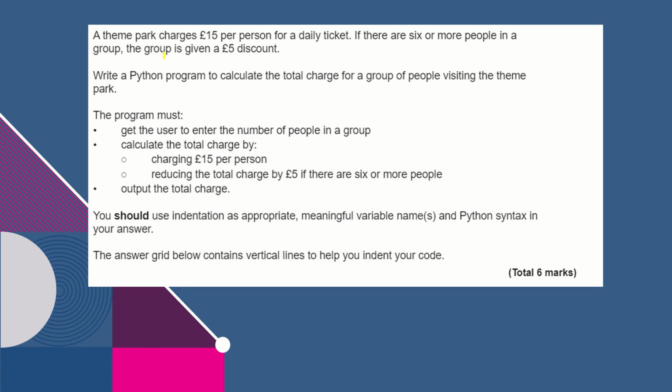If there are 6 or more people in a group, the group is given a discount of £5. Write a Python program to calculate the total charge for a group. This is just the gist of what you're supposed to do. To understand how exactly you're going to write it, you need to read this part very carefully.